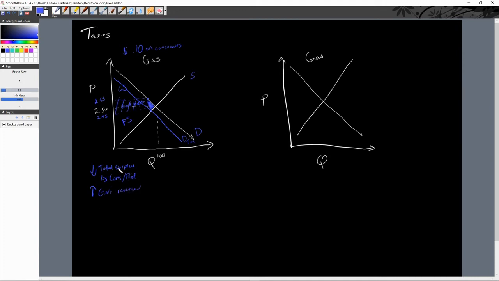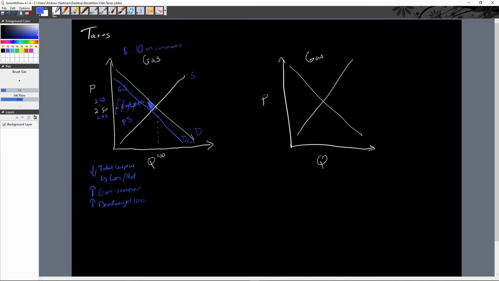And the reason we see the decrease in total surplus is not only because of the government revenue, but we also see an increase in what we call deadweight loss, which are interactions that could occur, but are not occurring here. So that is what happens when you put the tax on the consumers, when you put the tax on the consumption of the good, when they buy it themselves.